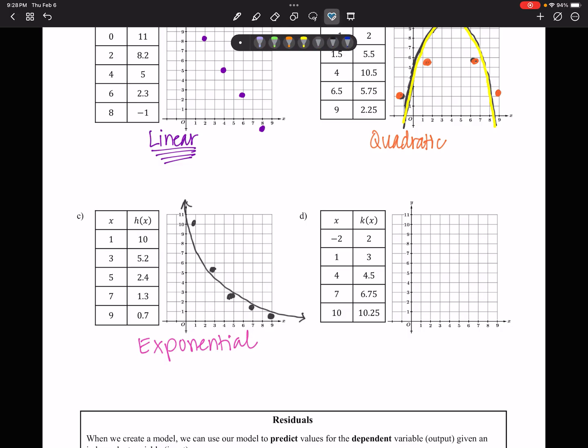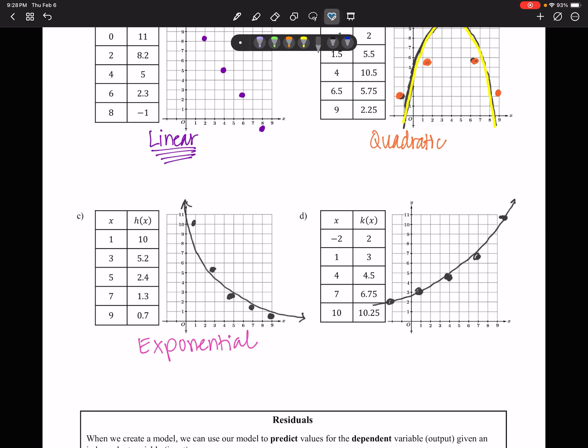And then this last one, let's see, -2, 2, 1, 3, 4, 4.5, 7, 6.75, 10, 10.25, 9.